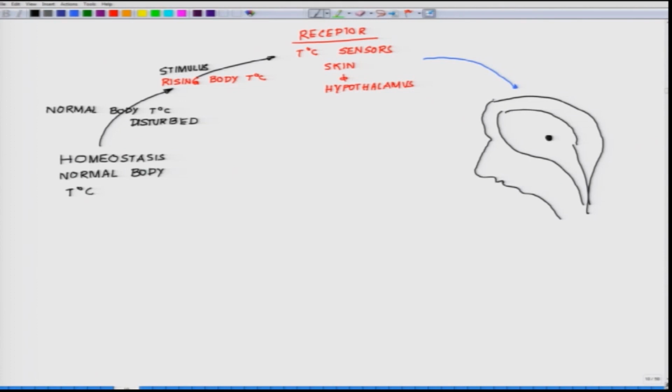So, this information is reaching the hypothalamus, which is essentially the control center, and this is the thermoregulatory center.